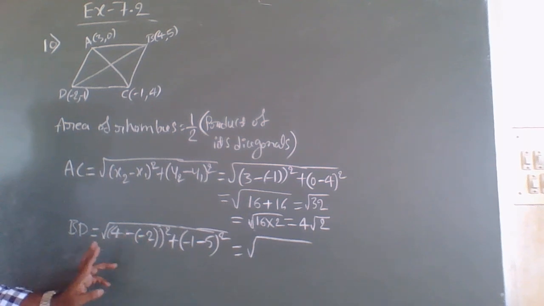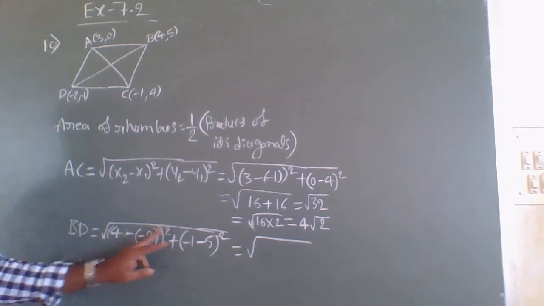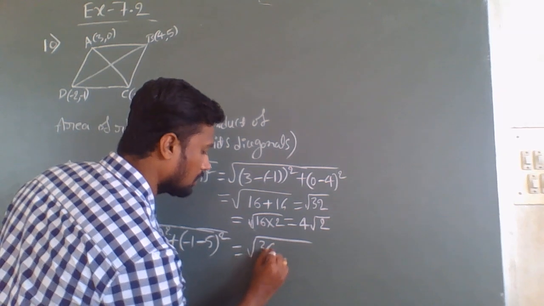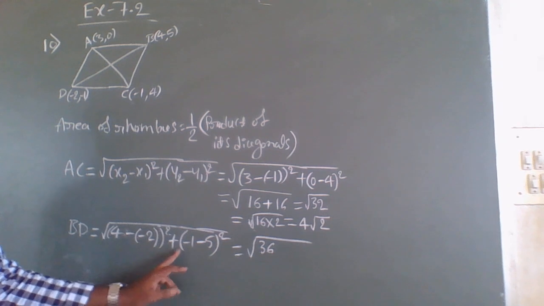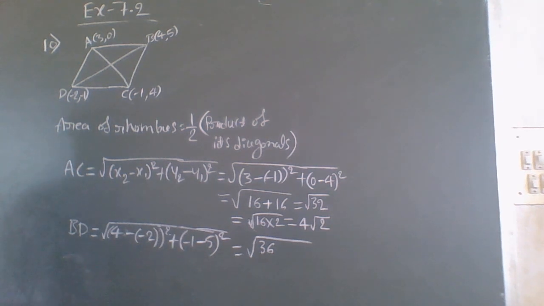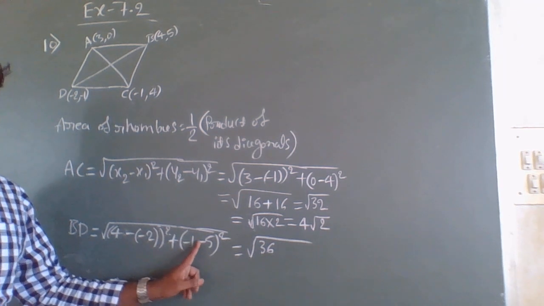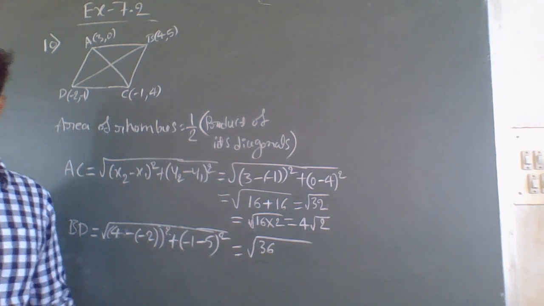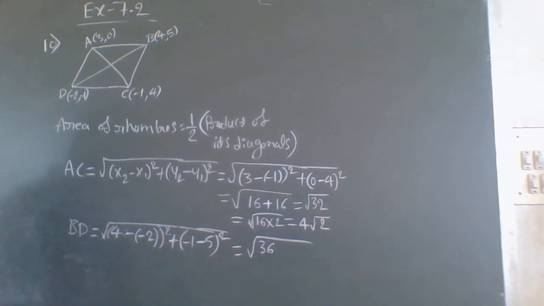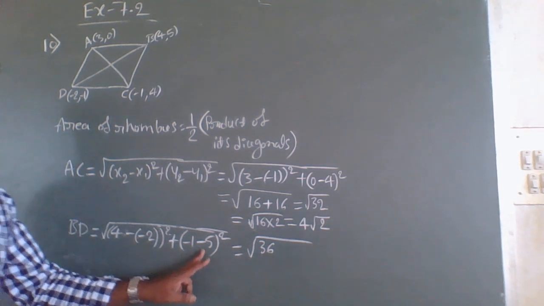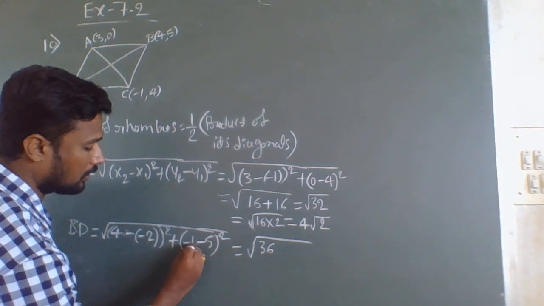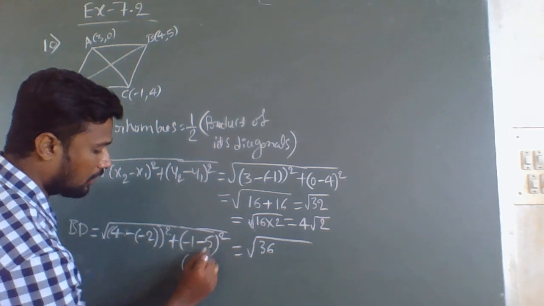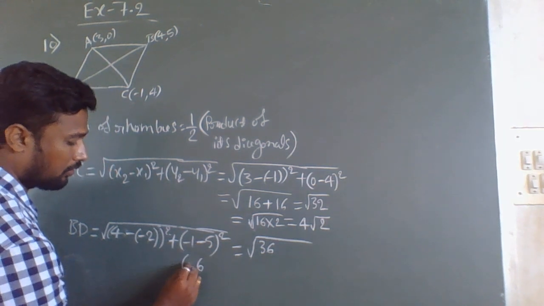So 4 plus 2 means what will we get? 6. 6 square means 36. Minus 1 minus 5 means we have to add: 5 plus 1 is 6, and the sign in front of the higher value is minus.